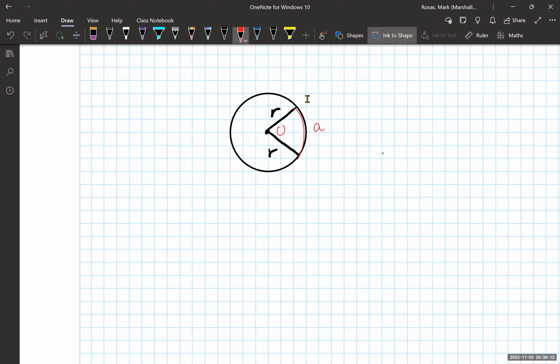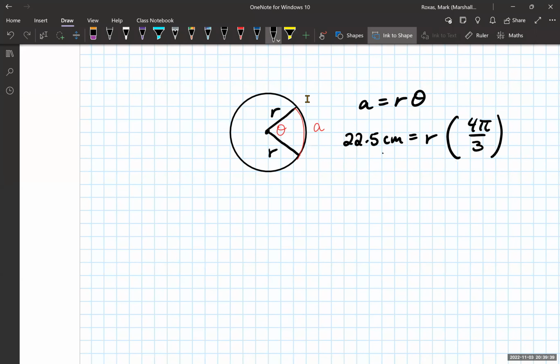We know theta, the radian angle there, so we have that little formula: the arc length equals the radius times the angle theta. If we know the arc length, 22.5 centimeters, equals the radius, which we do not know, times theta, which is 4 pi over 3 radians, then I can simply solve for r.